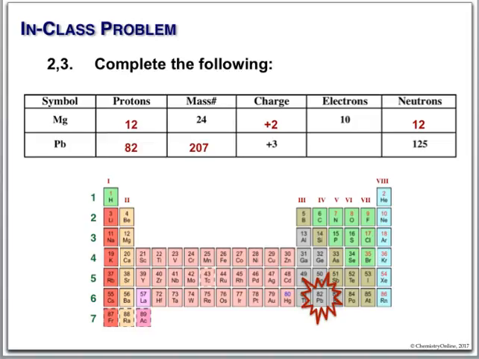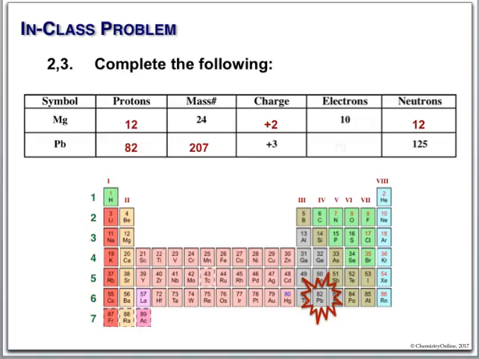Now, we are given that the charge is plus 3. So that means it has 3 more protons than it does electrons. 3 more positives than negatives. If it has 82 protons, it must have 3 fewer electrons.